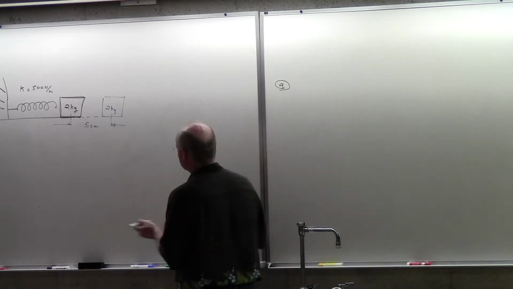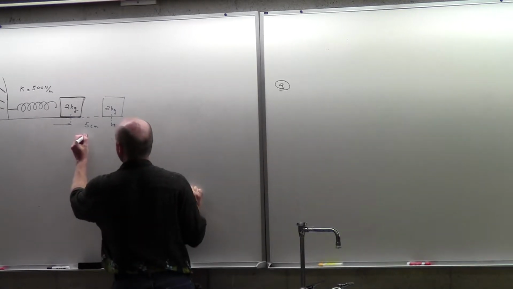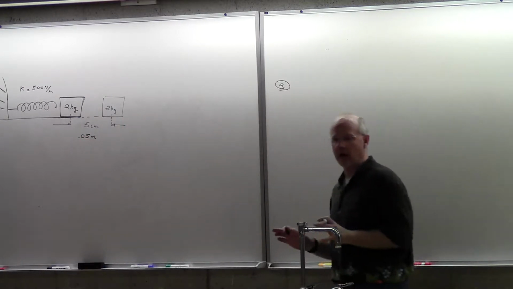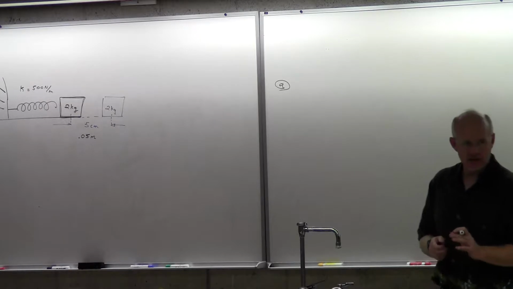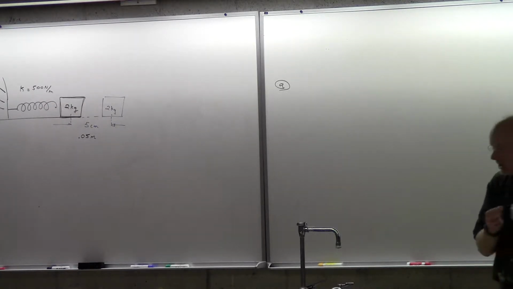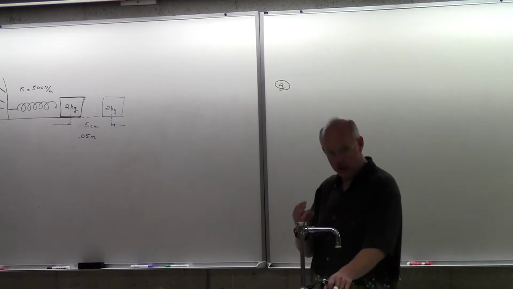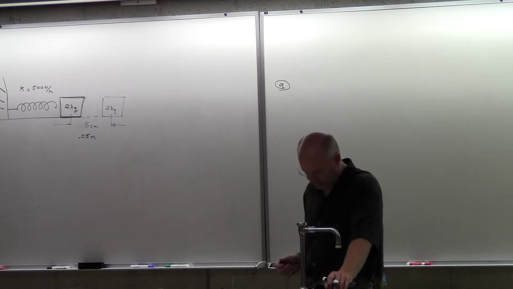So maybe I should just right away put 0.05 meters there and do my unit conversion right away, and say, okay, this is how far over it is in meters, and I want to do everything in meters, kilograms and seconds, so everything comes out to be newtons and joules.